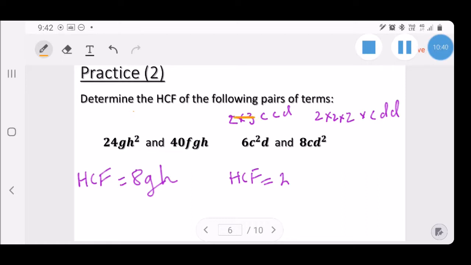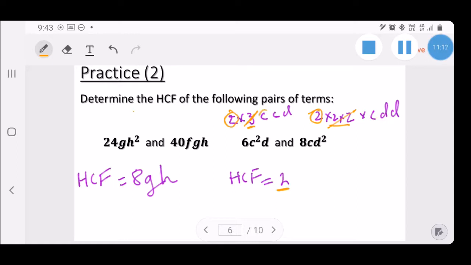Now, we have a 2 in common, which is why 2 is part of my highest common factor. But you'll also notice here that we have a couple of extra 2's, all right? But if I were to include those in my highest common factor, they would need to match up with 2's in the other term as well, but they don't. So we forget about those. We have a 3 here, but no 3 in the right-hand term, so we forget about that.